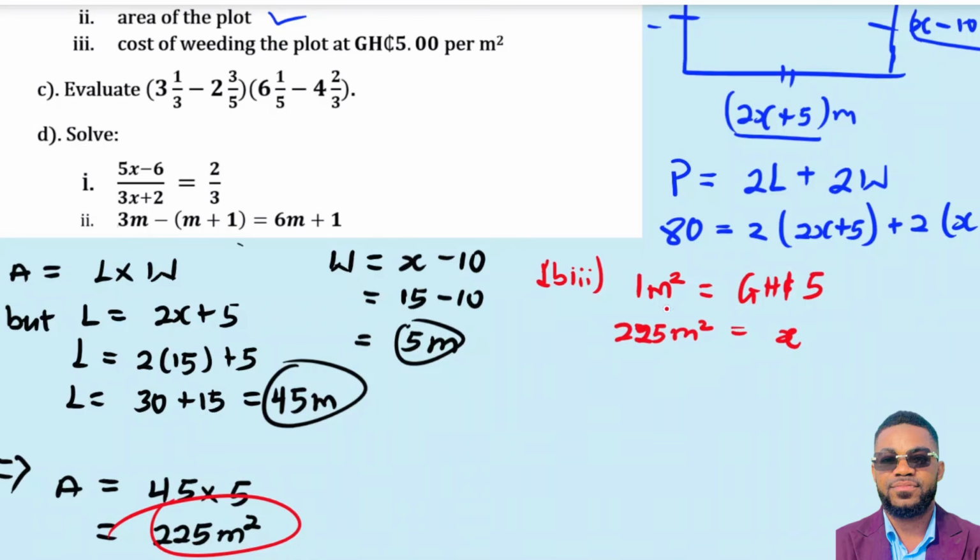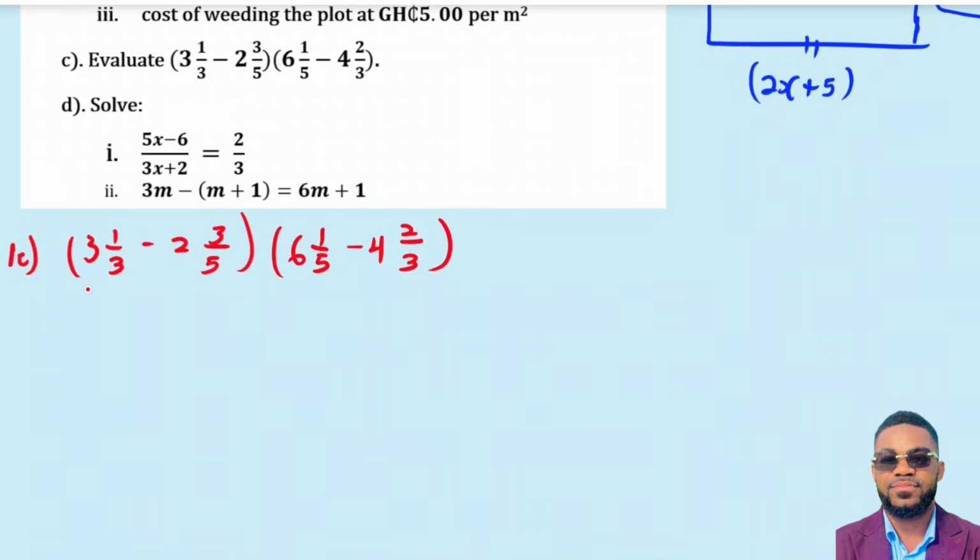So we have 1 times x, that's going to be x equal to 225 times 5. So when you multiply, that will give us 1,125 Ghana cedis. So that is the amount that you're supposed to pay to read the whole of this plot. So let's get our next question.